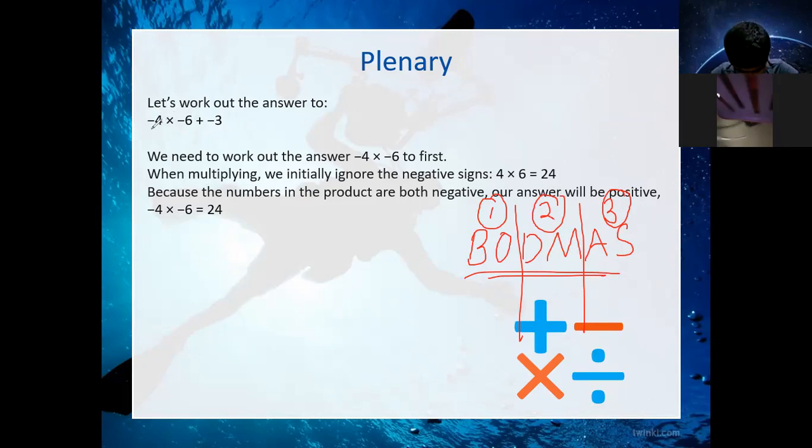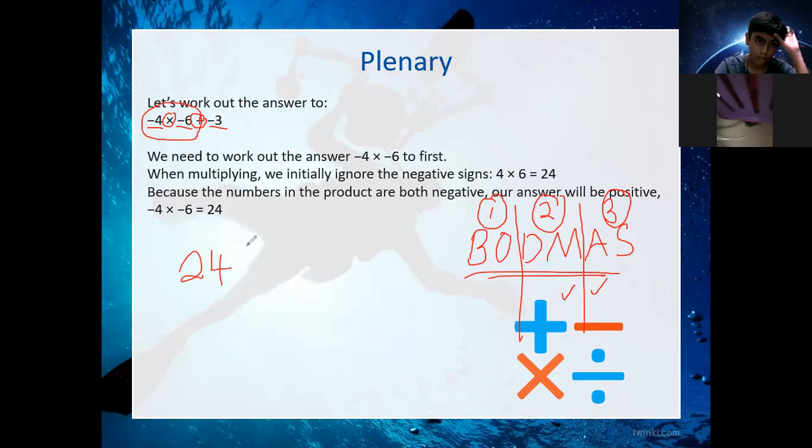Now over here, look at this question. Let's read how to read this: -4 times -6 plus -3. So you see, you got a multiplication and you got an addition. So you do the multiplication first. -4 times -6, of course you get 24, and since negative times negative, this will become positive 24.